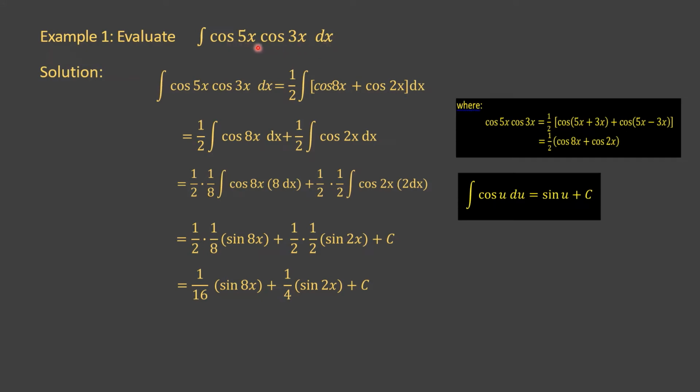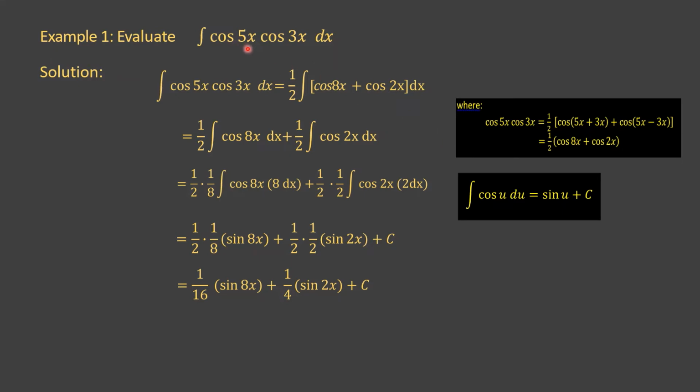Recognize that what we have here in the integral is the product of cosine of u, cosine of v. And if you recall, twice or 2 times cosine of u times cosine of v is equal to cosine of u plus v plus cosine of u minus v.